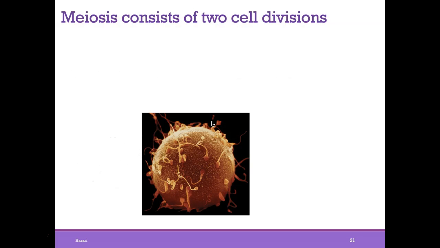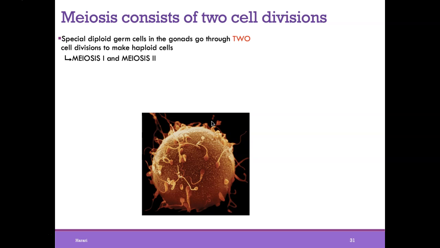Right? So meiosis, unlike mitosis, consists of 2 cell divisions. Again, only certain types of cells can do meiosis to begin with. These special diploid germ cells in the gonads go through 2 cell divisions to make these unique haploid cells. We call these 2 divisions meiosis I and meiosis II.